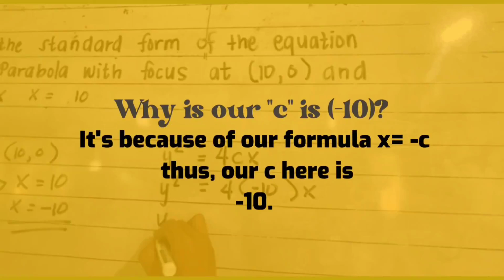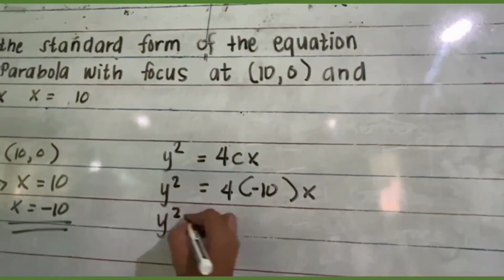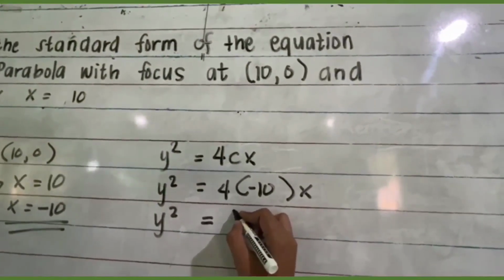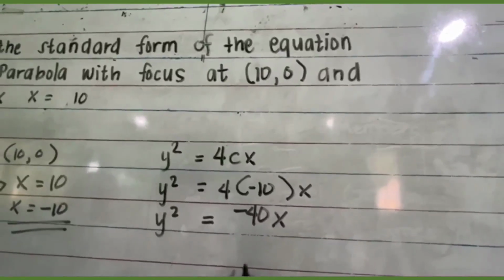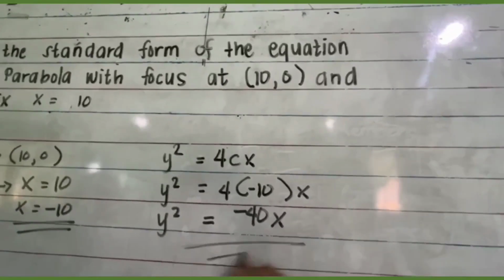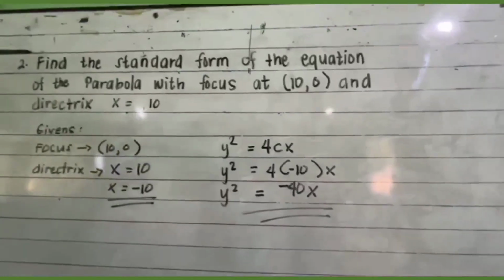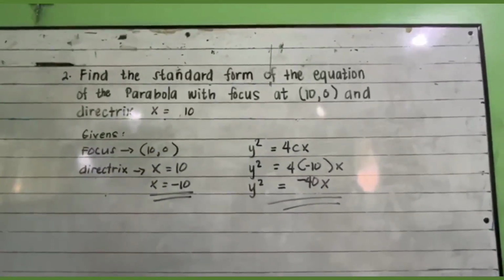It's because of our formula x equals negative c, thus our c here is negative 10. y squared equals 4 times negative 10, which is negative 40x. Therefore, our standard form is y squared equals negative 40x.